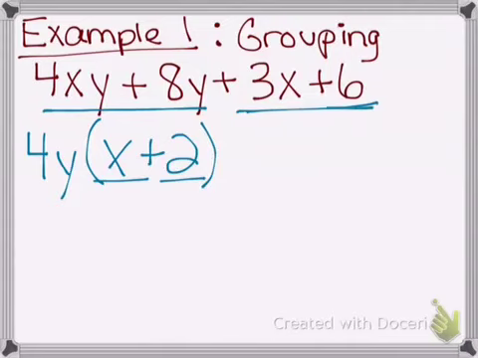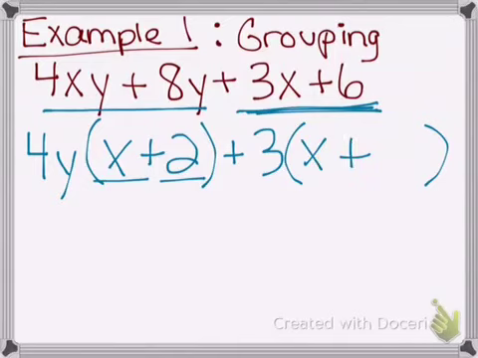Now we're going to do it again on these 2 terms. So the greatest common factor here is 3. And what goes in the parentheses then is x plus 2. So basically we did factor by grouping twice. The last step is going to be recognizing that these 2 are the same.